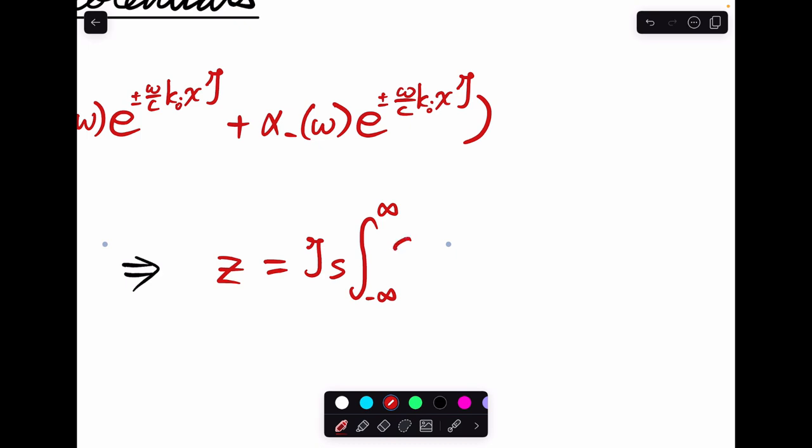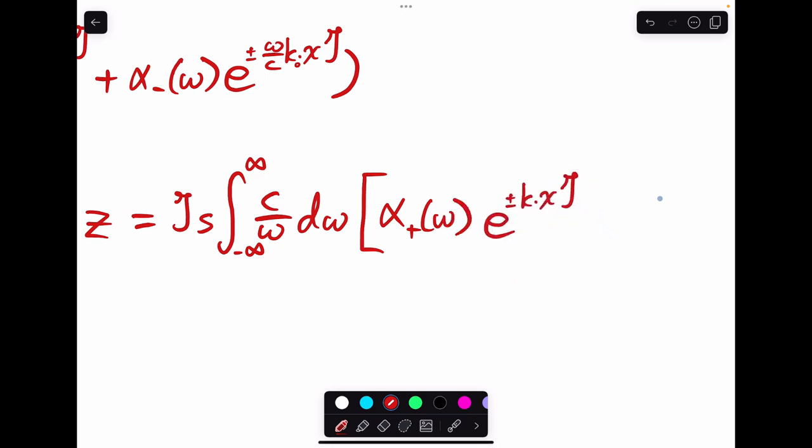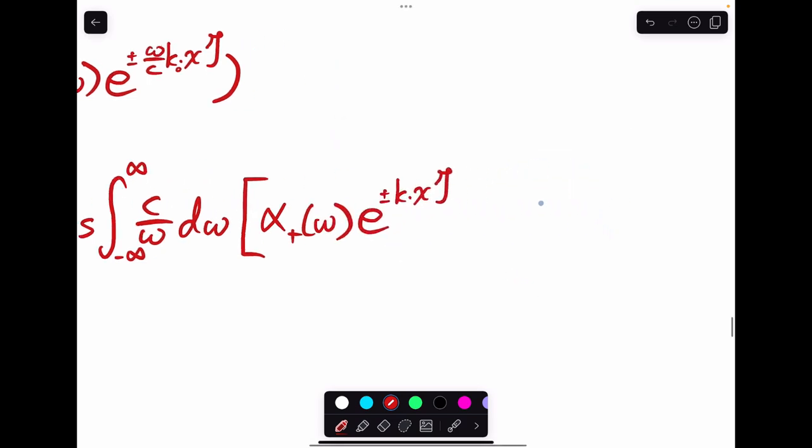Then you get c over omega d omega alpha plus omega e plus or minus.